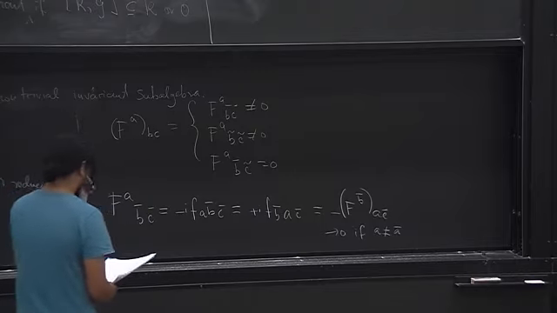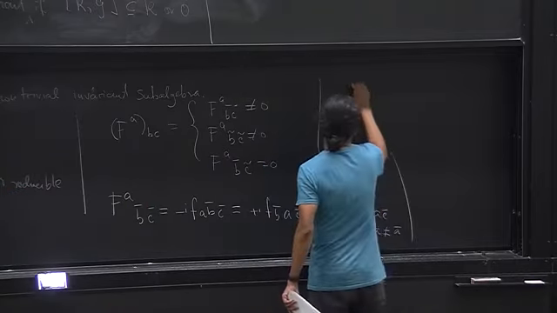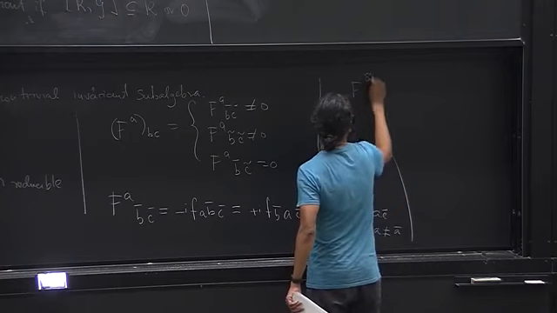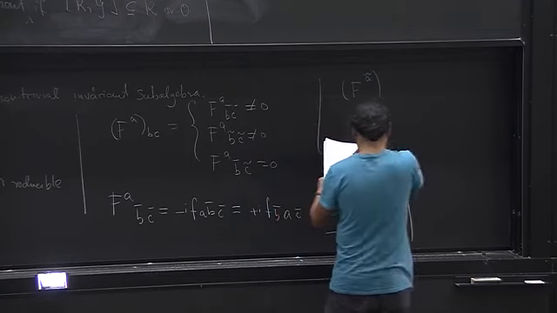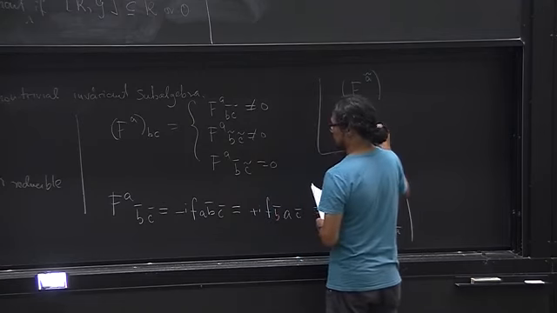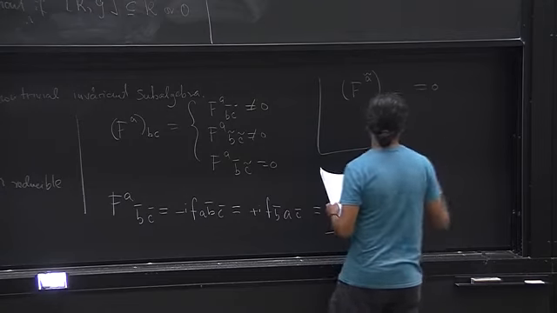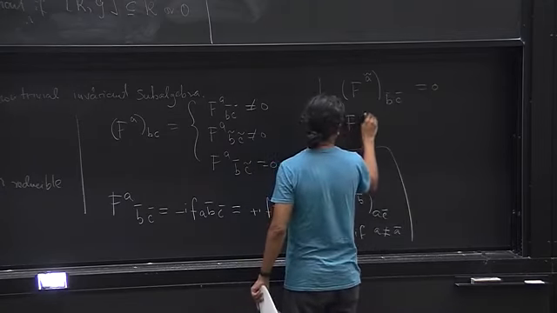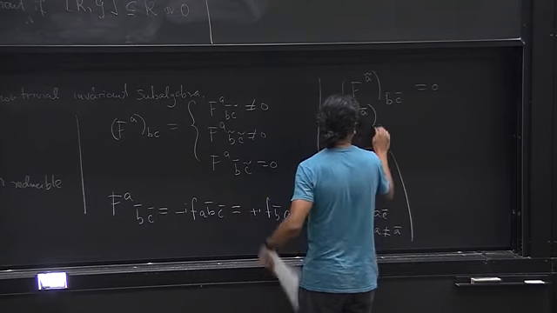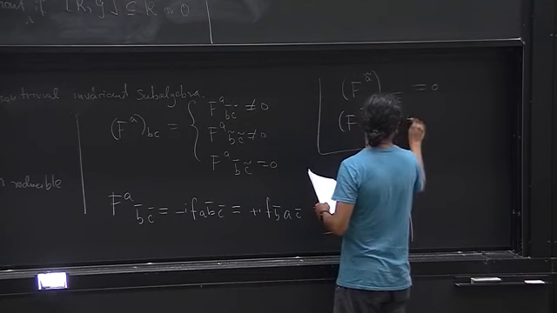So this means that f of A tilde B bar of C bar is 0. Using similar logic, I can show that f of A bar B tilde C tilde is 0.